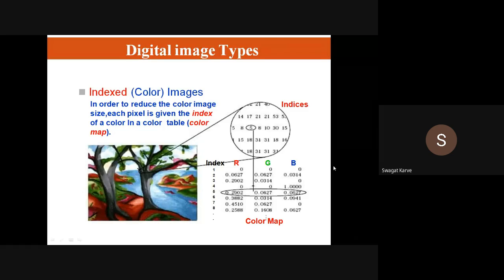Again, if you do some modification, instead of writing the entire RGB value, you give an index to that value. For example, if you give an index 2, that means for this index 2 there is a value of red, a value of green, and a value of blue.